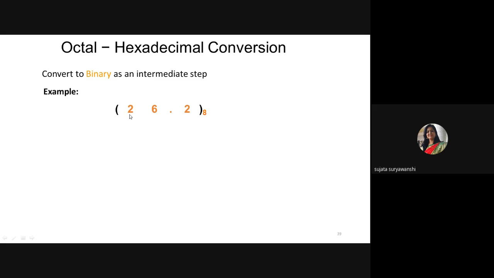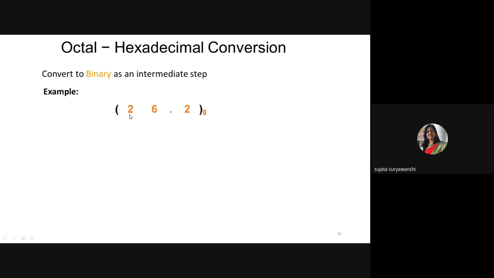What is the binary of 2? Yes? 10. 10 is also right, but here we are converting the octal number into binary, and we are using the direct method for conversion of octal number into binary.